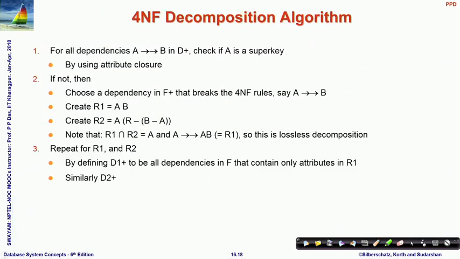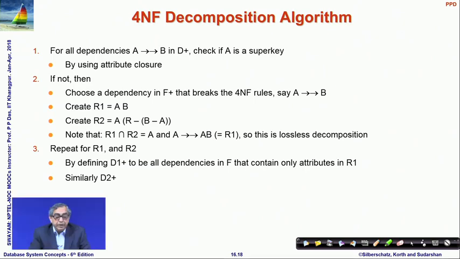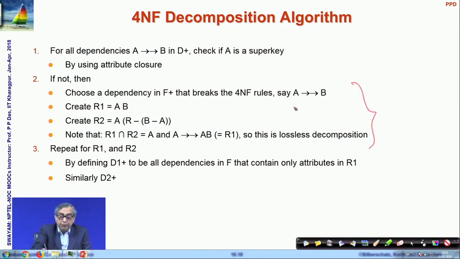The decomposition algorithm into 4NF is exactly like the decomposition algorithm for BCNF, the only difference being that now you may be doing this crucial step of two-way decomposition for every multi-valued dependency also. Earlier we were doing this only for functional dependencies. So if there is any offending multi-valued dependency which does not satisfy 4NF, we can decompose the relation into R1 and R2 as shown here, exactly like the Boyce-Codd normal form, and then the rest of it is simple.